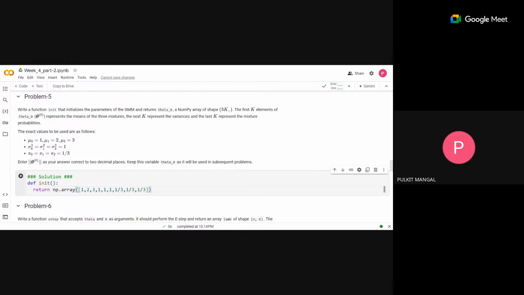And that's all, you define your init. Next, you will run this function to get theta naught, and you have to calculate the norm of this theta naught.